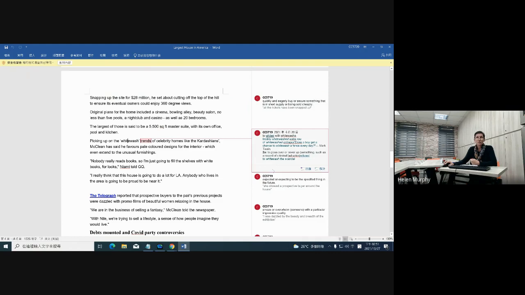Now whitewash, because it has this idea of covering up something, can also be used in another way to talk about to cover up or gloss over something bad. So if we're whitewashing a scandal, that means we want to cover up or gloss over the scandal because it is something negative or something bad that happened and we want to cover it up.